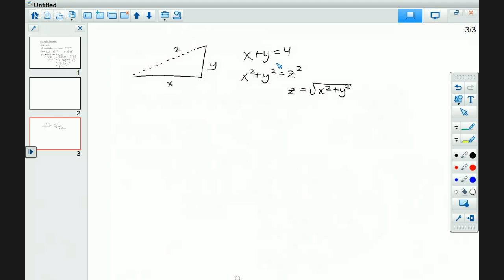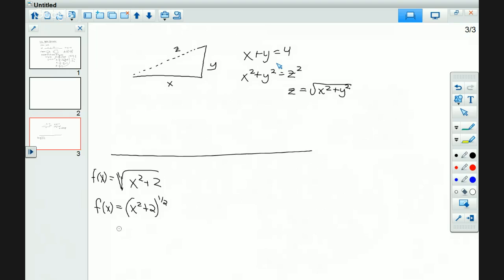Okay. So let's talk derivatives of square roots then. Let's say this is f of x. How do I take the derivative of a square root? Good first step. Now, this should look very familiar from the warm-up.